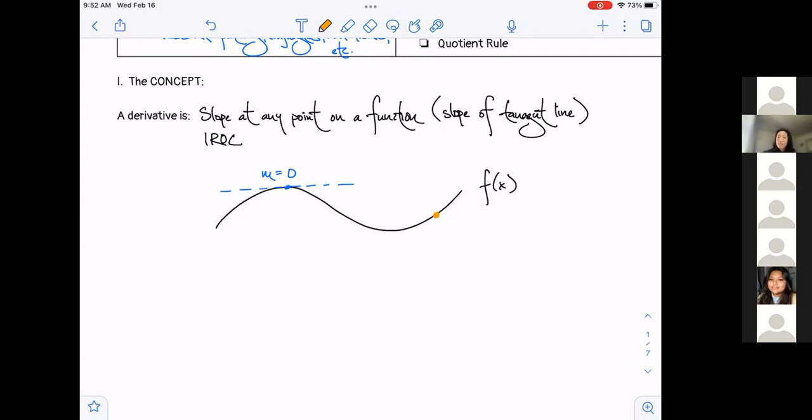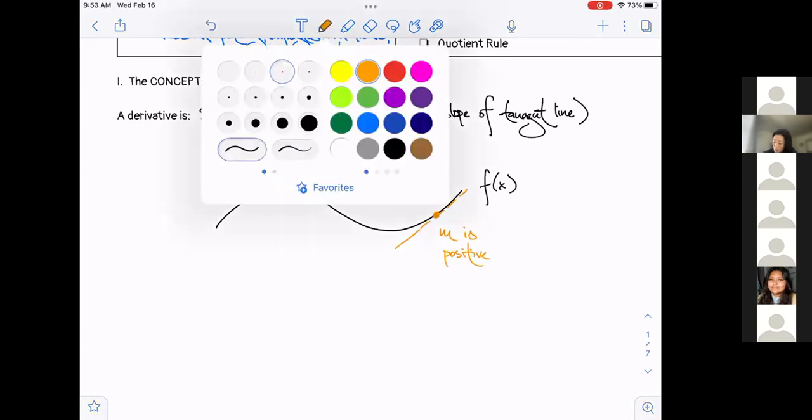What do we think? Yeah, and if we sketch a tangent line here, right, we could maybe see that that slope is positive. Okay, I don't know exactly what it is, but it's positive.